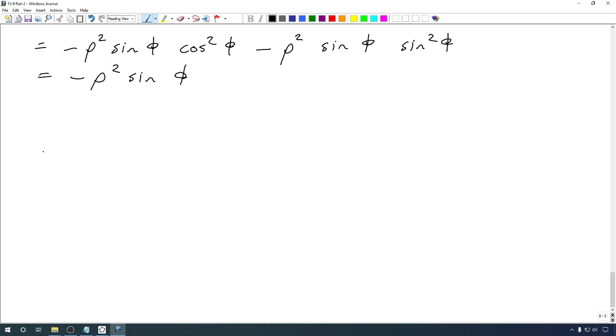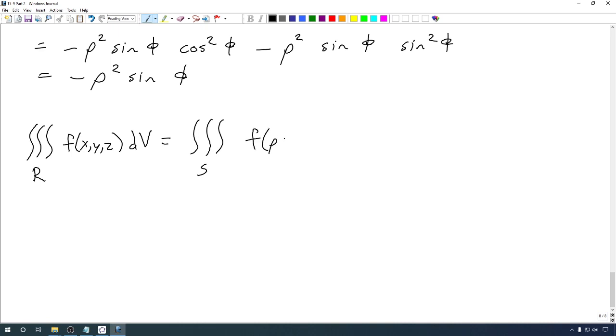And that's important, because when we put that into our formula for change of variables, we have the integral over some region in terms of x, y, and z of a function of x, y, and z is equal to the integral over some region in rho, theta, phi, of f of our formulas in terms of rho, theta, phi.